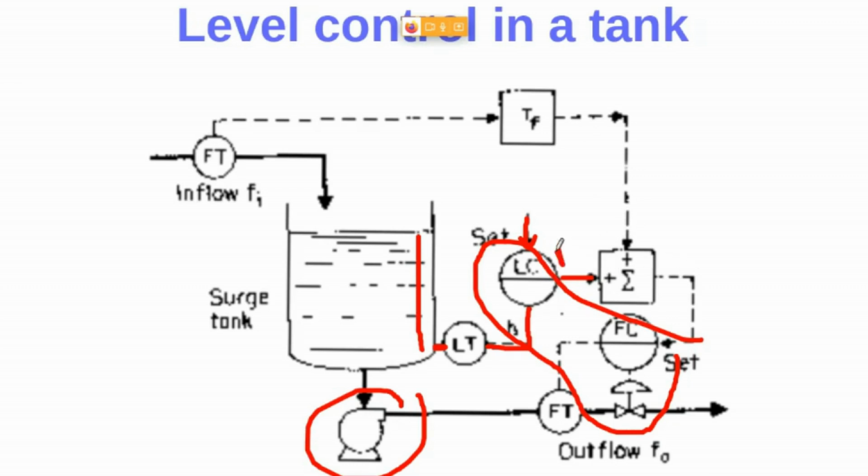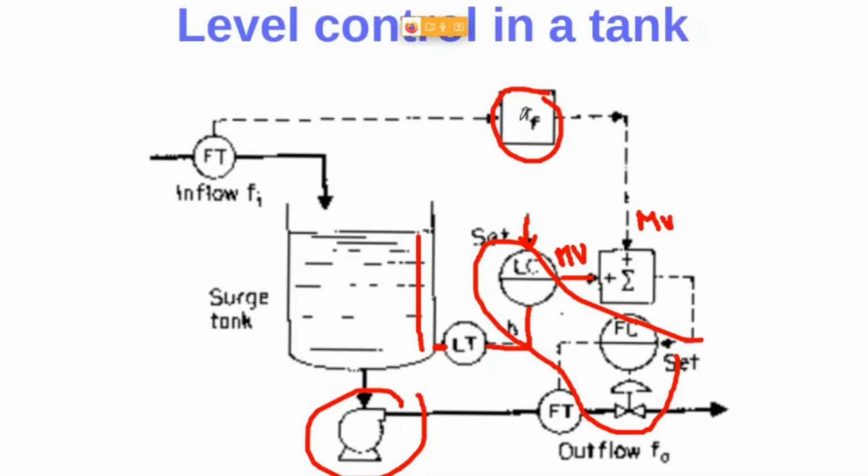Just because this is a manipulated variable, because it's the output of a controller, this must be also a manipulated variable, right? So that's why we can say that this is also a controller.